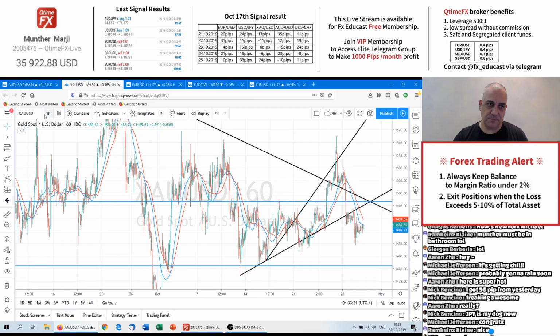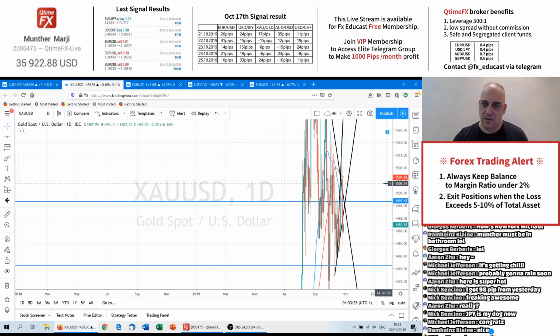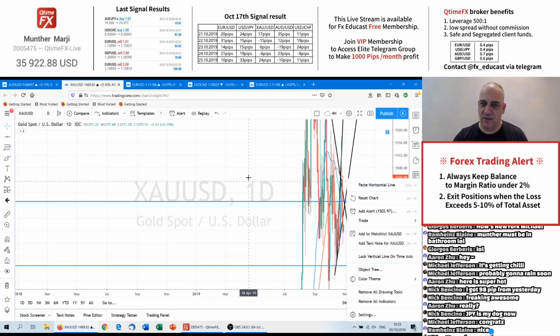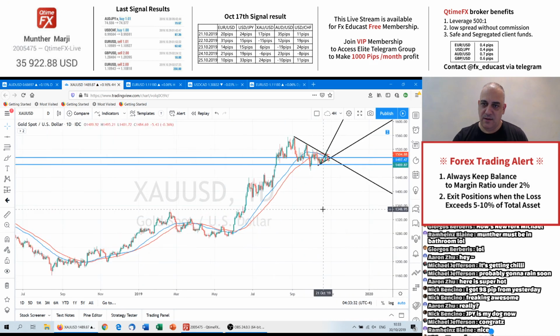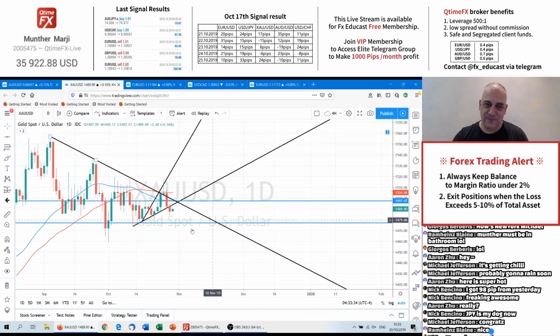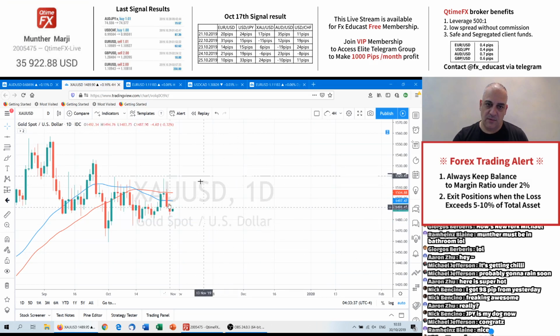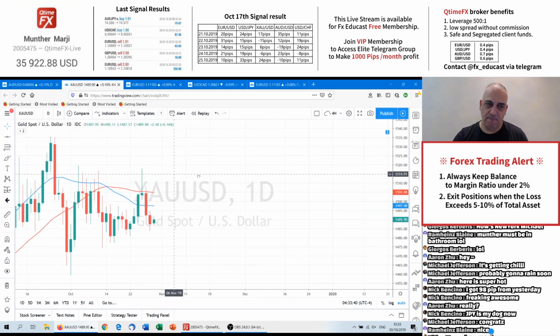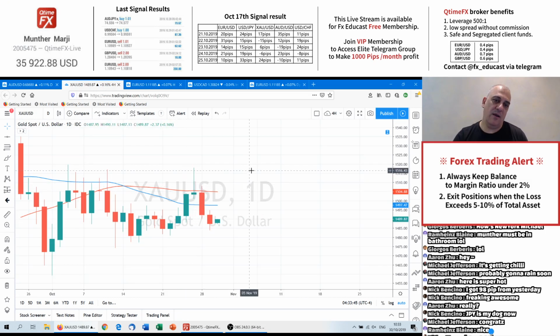First of all, I want to take a look at the daily, as I always do. Yeah, this is more like it. On the daily, we said that we were expecting a drop because of this candle.